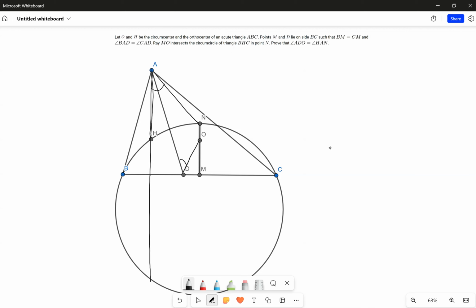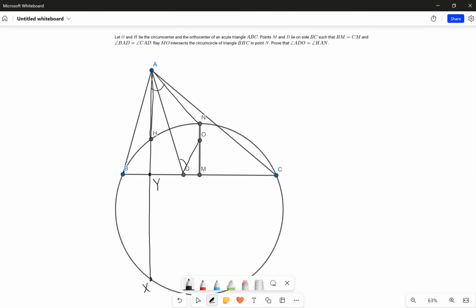So we end up going to a point Y here and a point X here. So Y is the foot of the altitude from A to BC, and X is the second intersection of AY with the circumcircle of BHC.